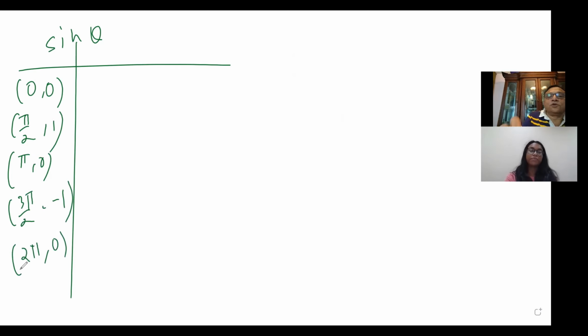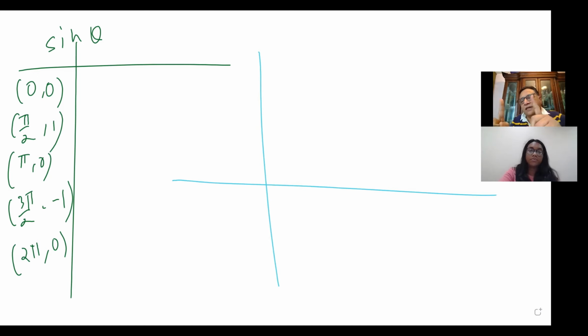Perfect. So how do we sketch a sine graph? Let me show you the easiest way to sketch the sine graph. We're trying to sketch one cycle, just one cycle. That means my one cycle means 2 pi.